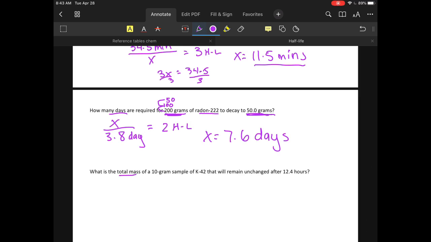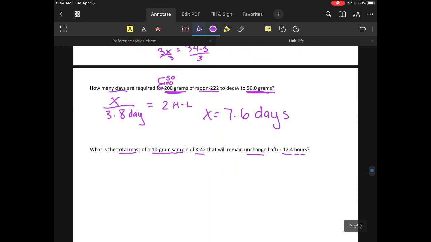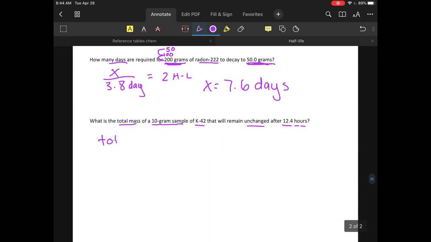What is the total mass of a 10-gram sample of potassium-42 that will remain unchanged after 12.4 hours? Okay, the total mass. So once again, my formula is total time over half-life equals the number of half-lives that have passed.